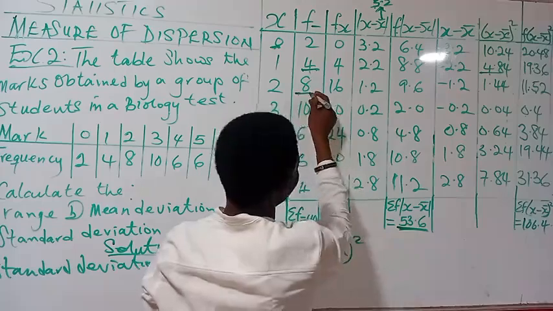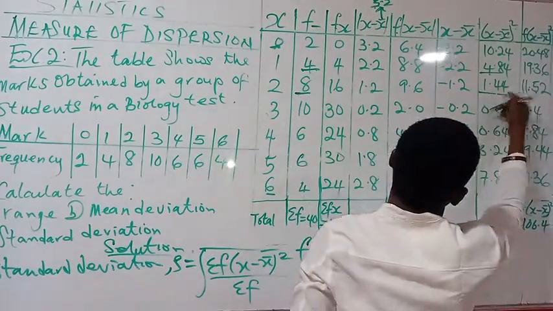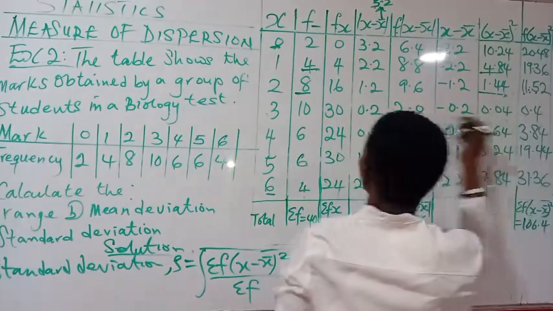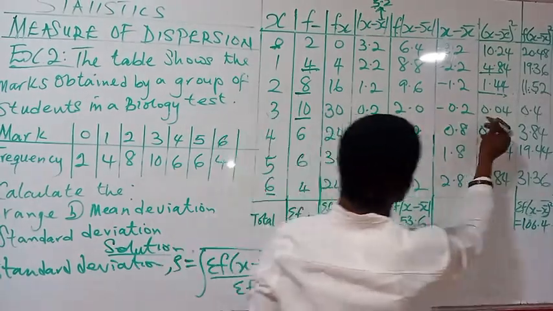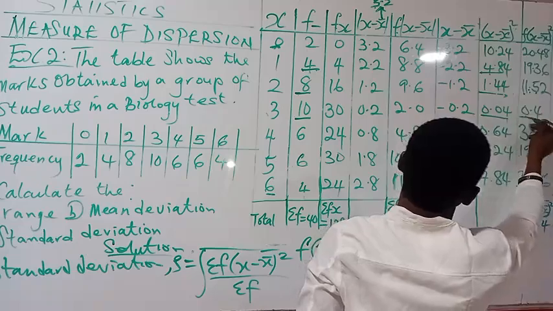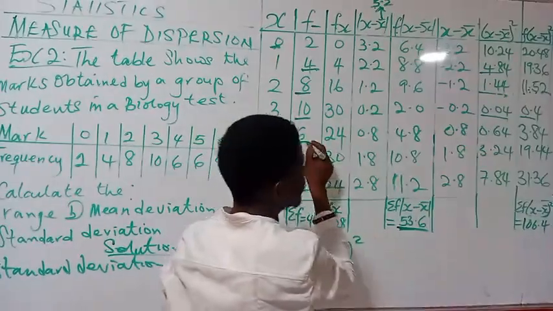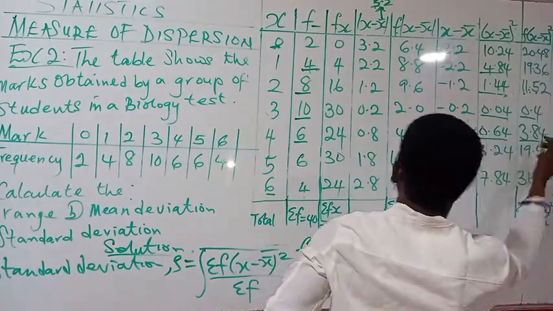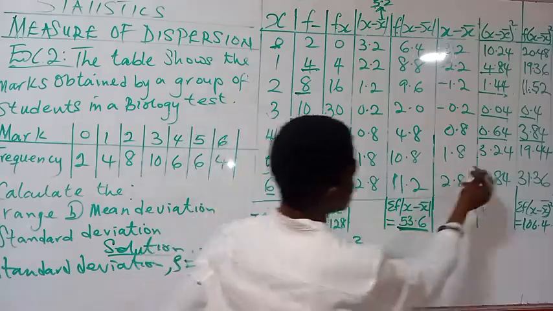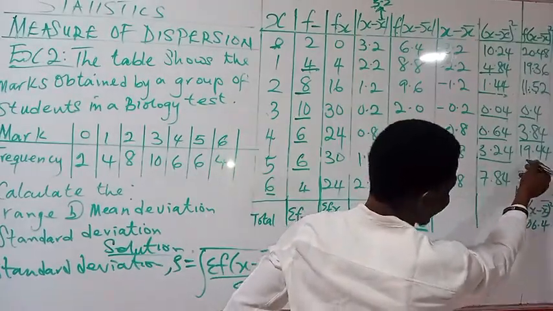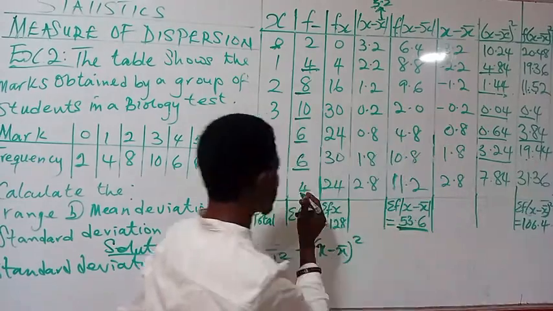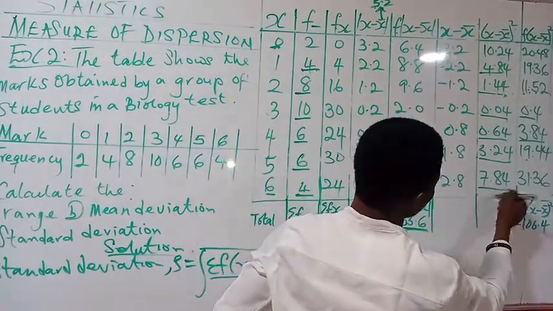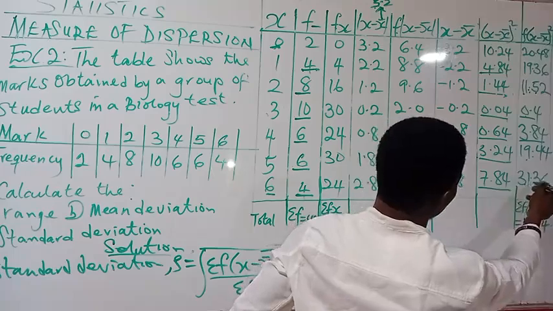Then 8 times 1.44 gives 11.52. 10 times 0.04 gives 0.4. 6 times 0.64 gives 3.84. 6 times 3.24 gives 19.44. 4 times 7.84 gives 31.36.